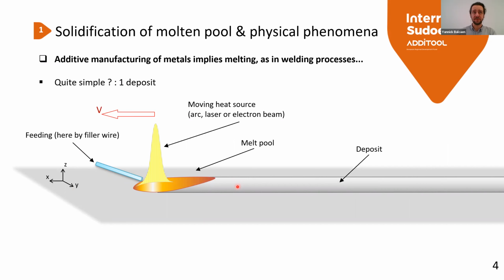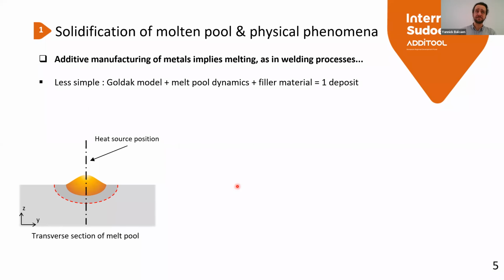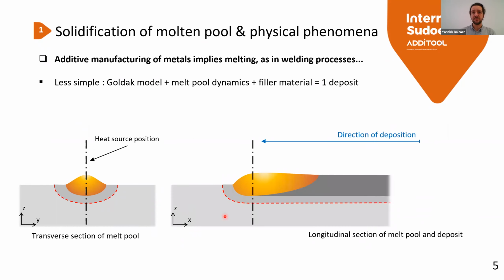It's quite simple in this case, but with a cross section of this melt pool, you can observe that we have a complex shape of the melt pool section, but also a heat affected zone under it. It becomes less simple when considering this moving melt pool, the filler wire or powder bed.